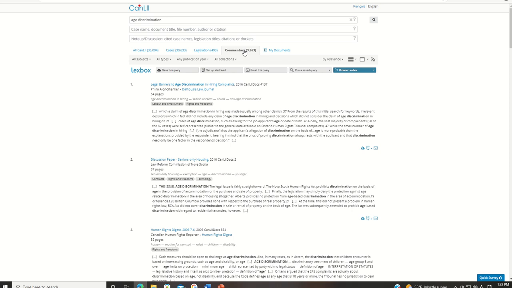Commentary here is also quite useful. This is something that is a little bit harder to find on Westlaw. Commentary means technically it's not law, but it's articles or reports written by lawyers and academic legal scholars that explain some area of law to you. Like the first one, legal barriers to age discrimination in hiring complaints, from the Dalhousie Law Journal.